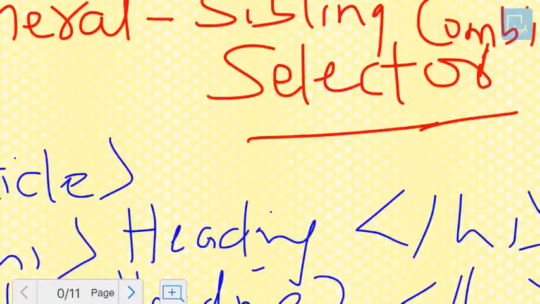We select specific elements with respect to their names. The general sibling selector selects all siblings of a given element. It selects all siblings of a given element.